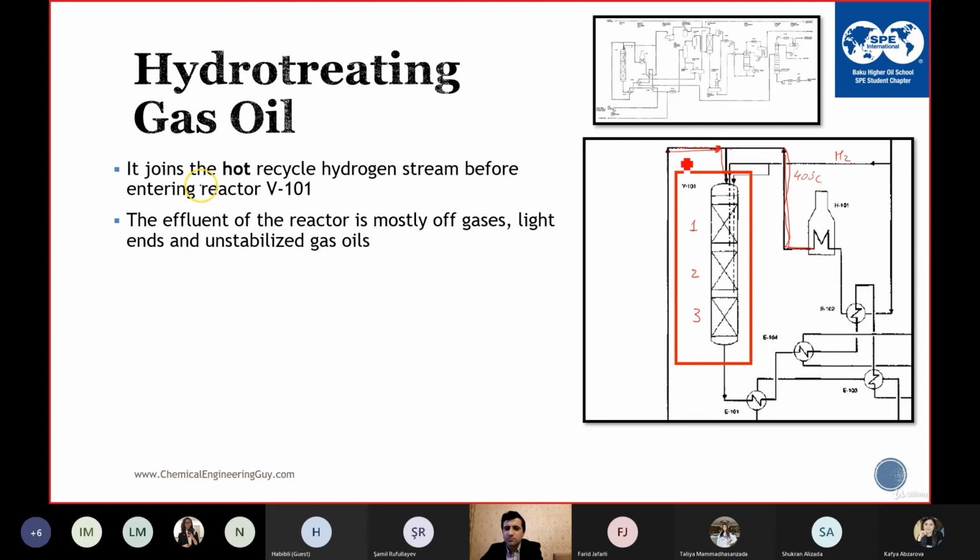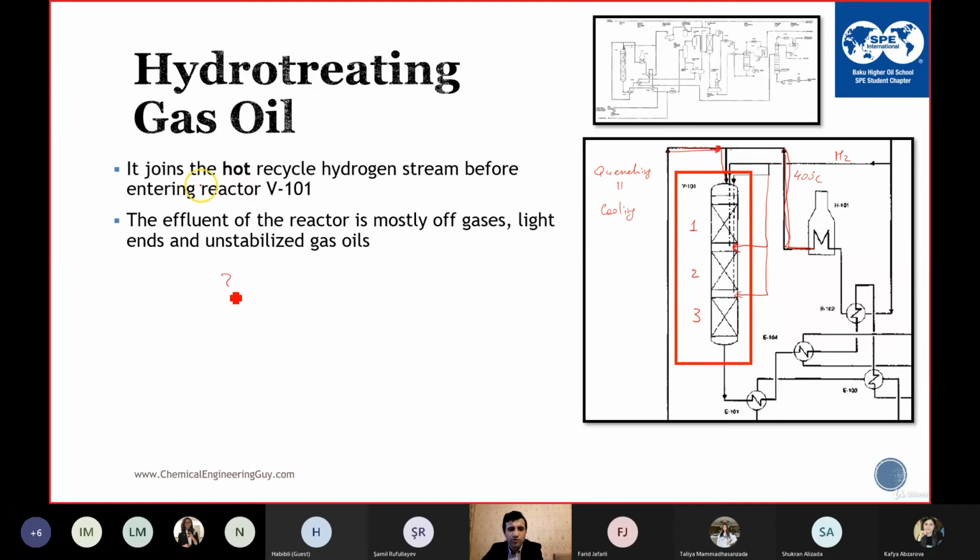Hydrogen is mixed with the feed, and it is also used for quenching. Quenching means cooling. It can be sent in between the packed beds, between the first and second, and also between the second and third.